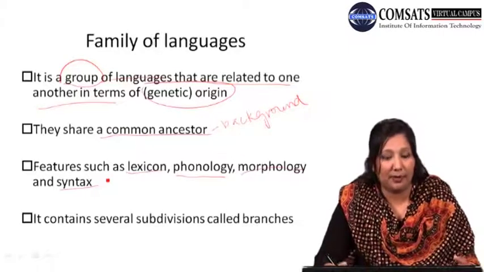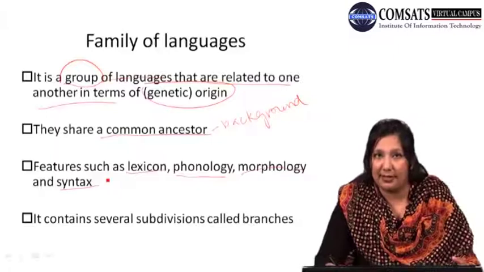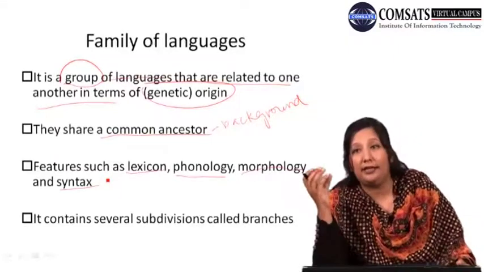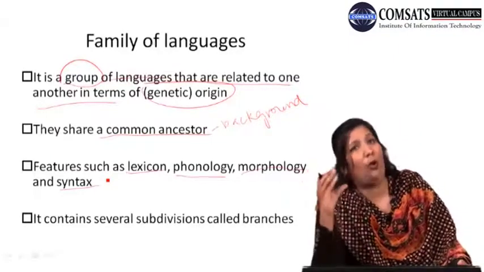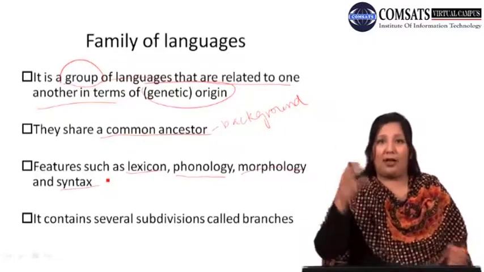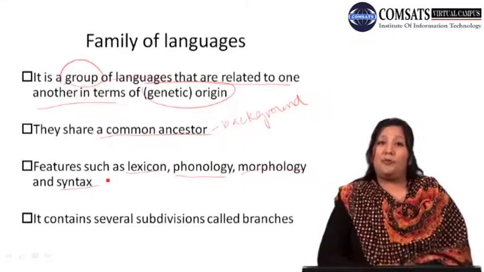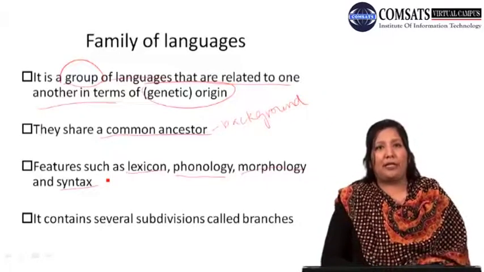Then the next feature of the families of languages is that it contains several subdivisions called branches. Although we are saying on one hand that all these branches have come from one main source, what is happening next?